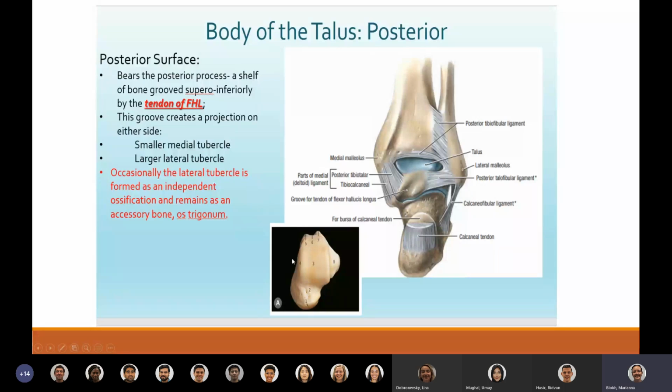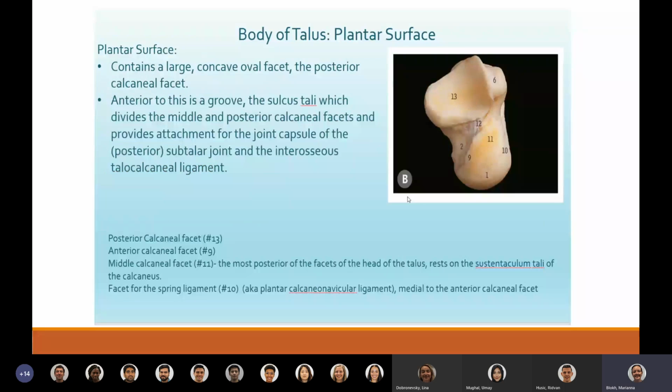Remember, this whole surface is for the ankle joint. Then you have this little area with the posterior process, and right underneath it is the subtalar joint. When you're doing surgery, your posterior process is basically your guiding light as far as separating where the ankle joint and subtalar joint are. It's not as easy to find as people may think.